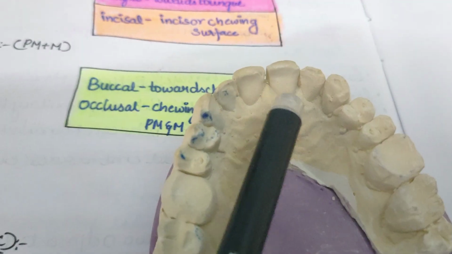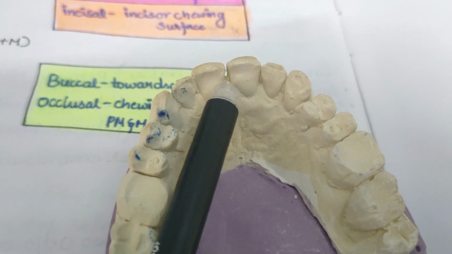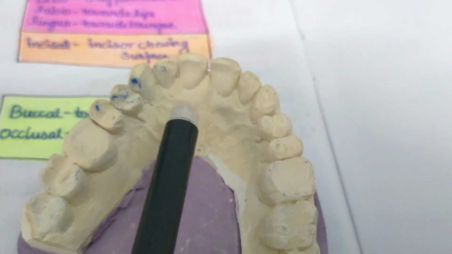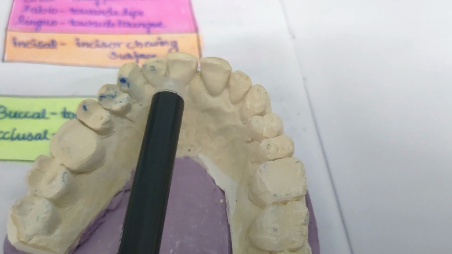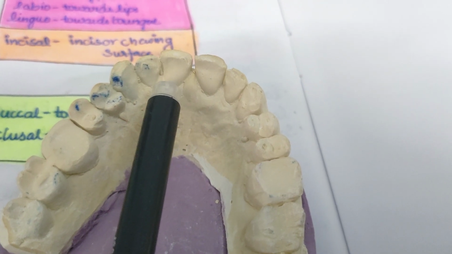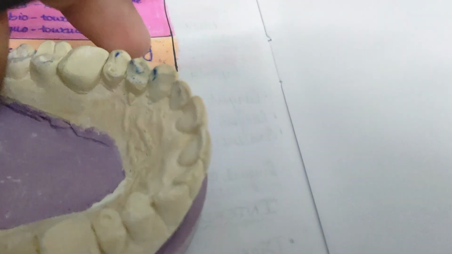I will show you on the model. So for example, we will take mesiolabial. Mesio means towards the midline. So for this lateral incisor, the mesial surface is this, mesiolabial. Labial is facing towards the lip, so we have to go front.